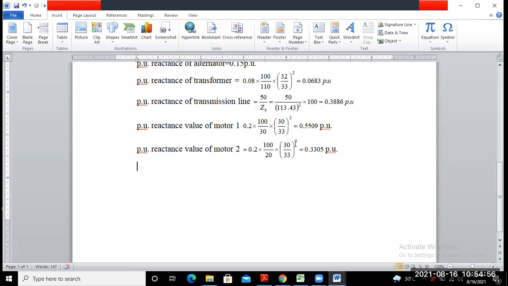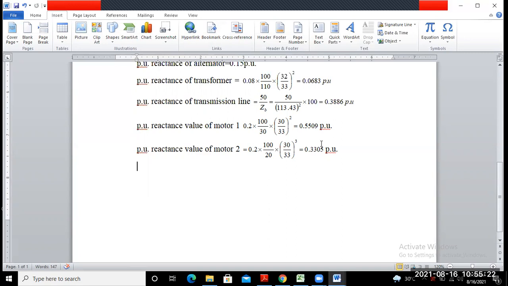So now you may find out the per unit fault current. You already found the reactance values from the generator to the transmission line. Okay. So these three are in parallel, that means motor 1, motor 2 and motor 3. So just put for motor 3 0.035, and this one is your motor 2.